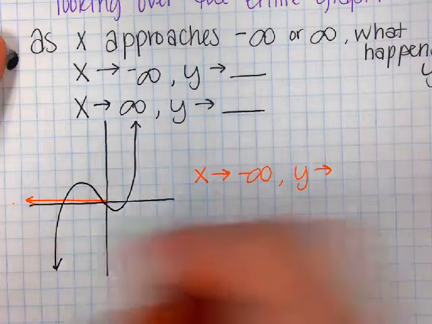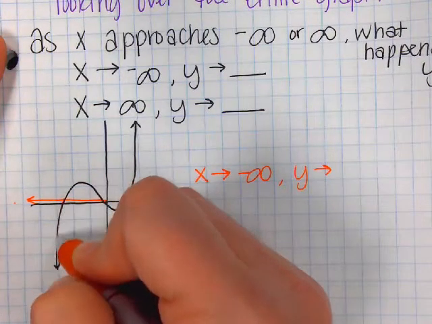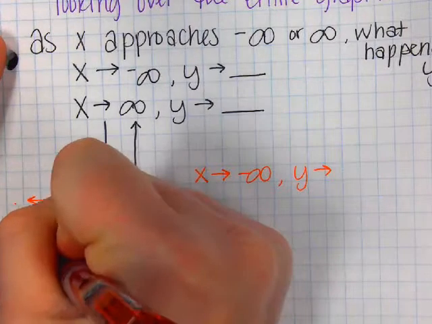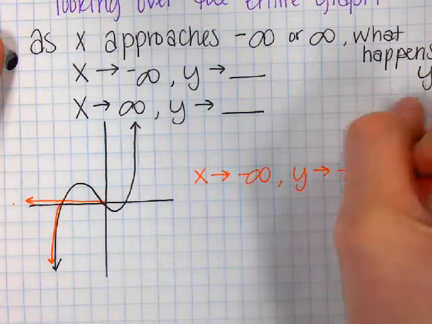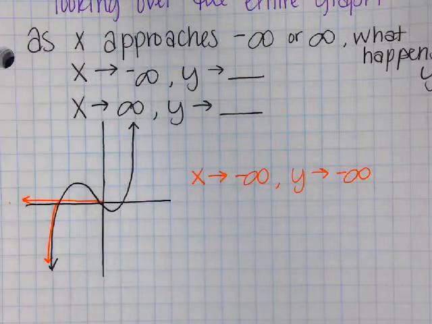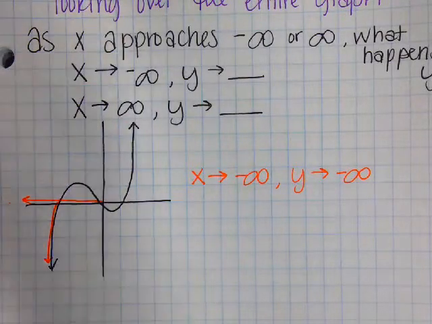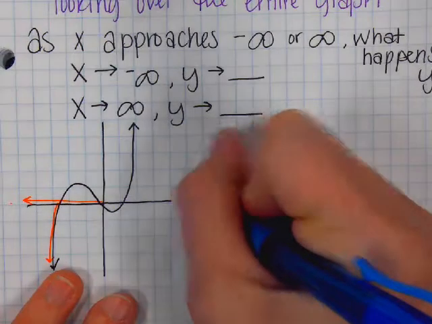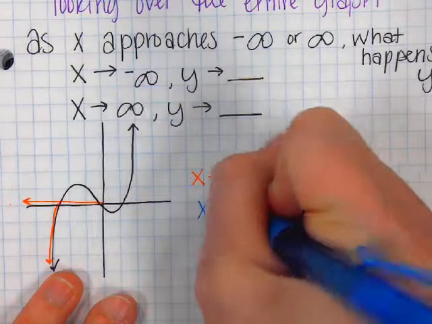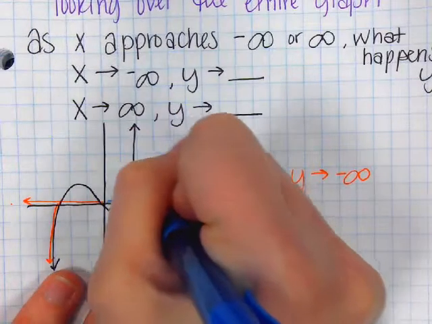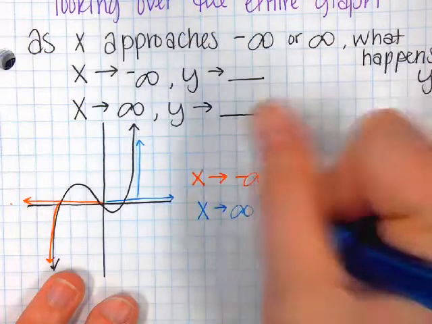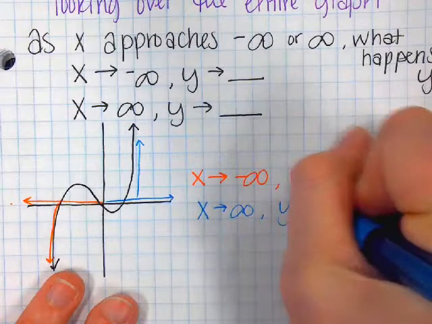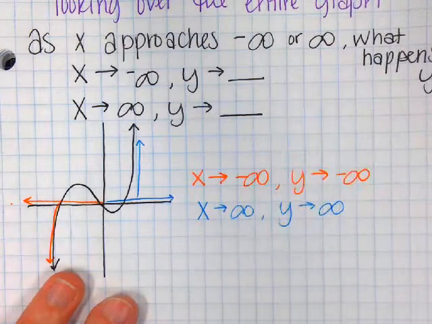Since the graph is pointing down, y is going to approach negative infinity as well. Then as x approaches positive infinity, as I move this way, the graph goes up, so y approaches positive infinity as well.